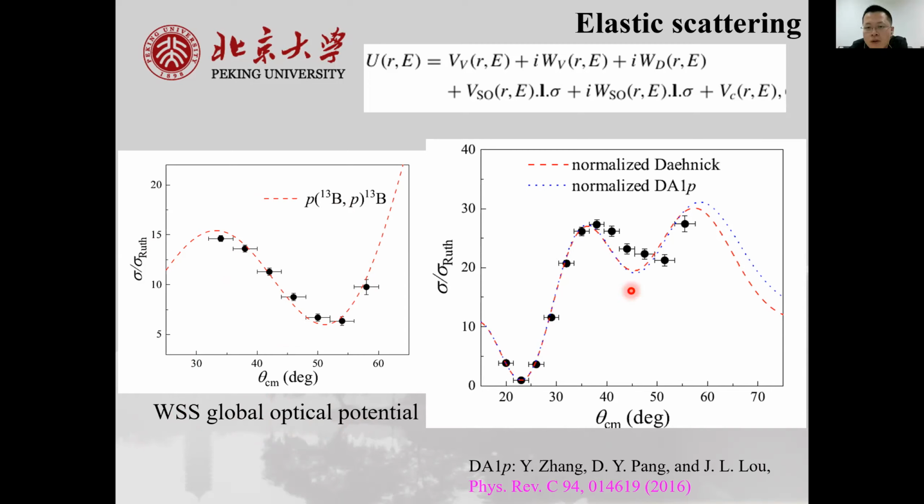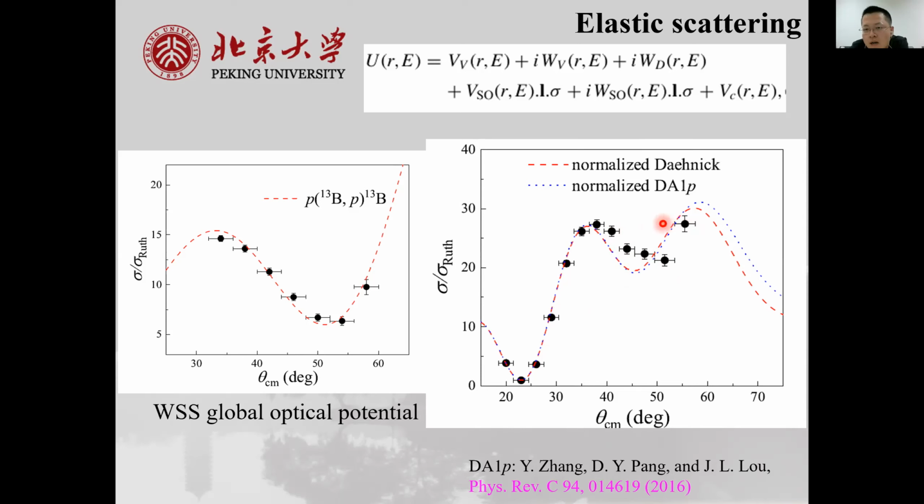And for deuteron elastic scattering, we choose the global optical potentials, and the DAP. The first is a widely used global optical potential, while DAP is a newly developed one aimed at the sd shell nuclei. They both give a consistent description of the experimental data.